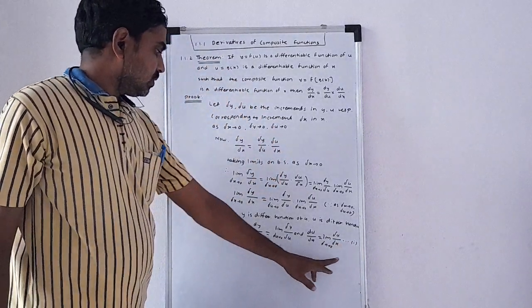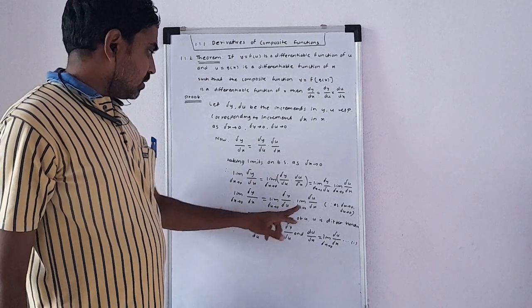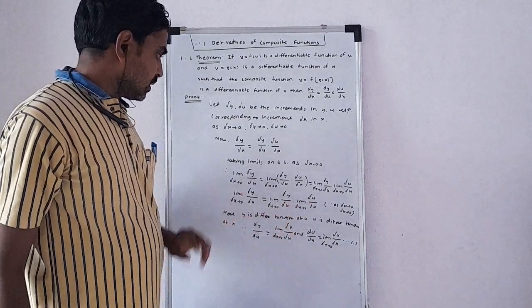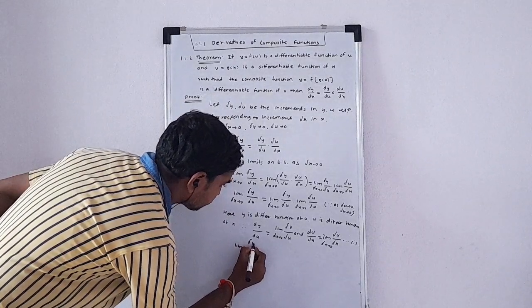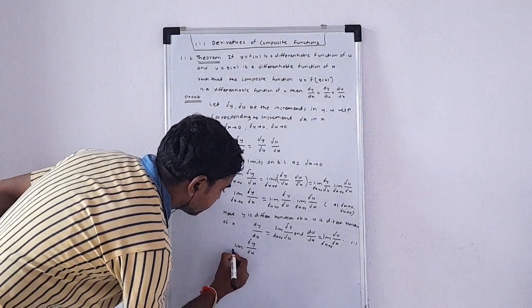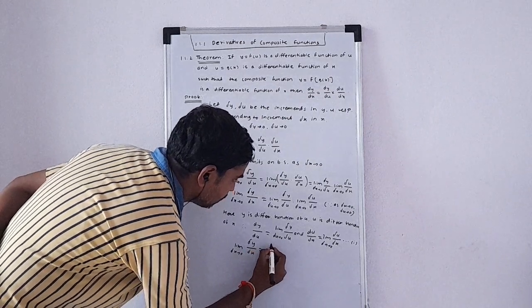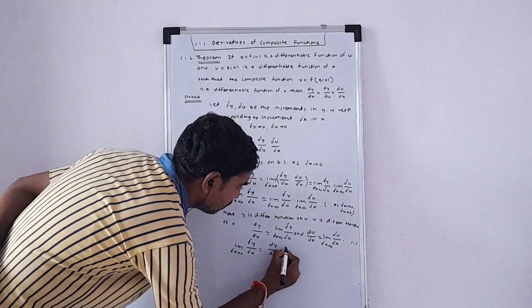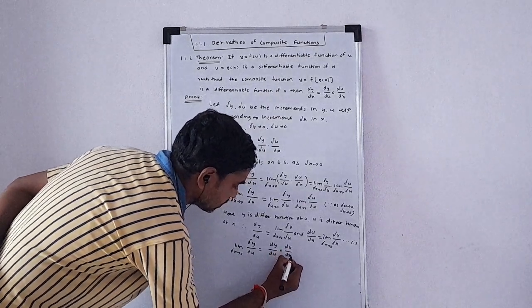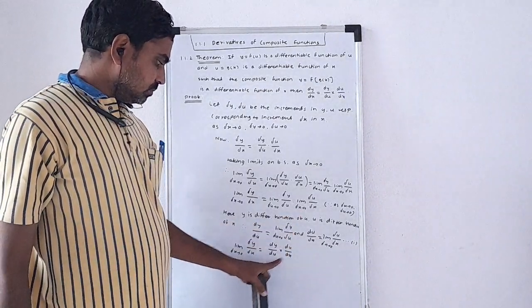Then by using this equation 1, we can change the right side of this equation. Therefore, our above equation becomes limit of delta y by delta x as delta x tends to 0 is equal to dy by du into du by dx. The right side of this equation exists.